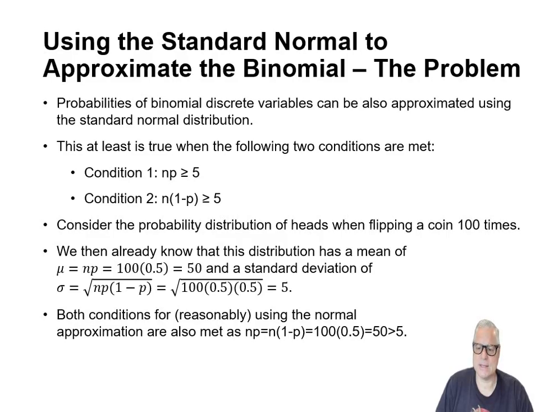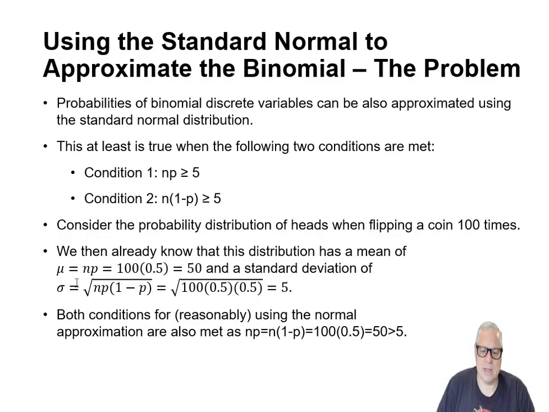using the example that we flip a coin 100 times. And then we already know that this distribution has an expected value of, let's say, heads of 50. So the mean of that binomial distribution, the expected frequency, is the number of trials times the success probability. So that would be 50.